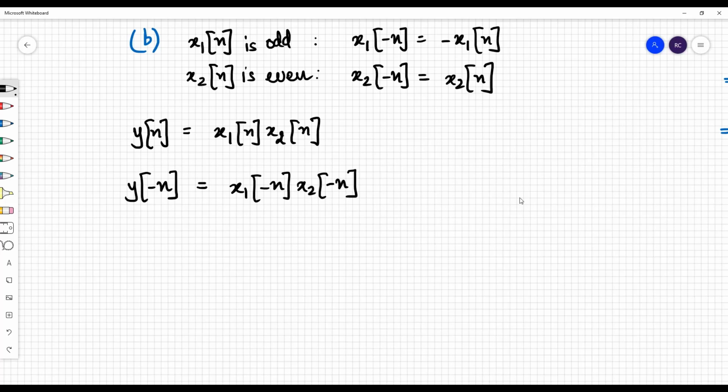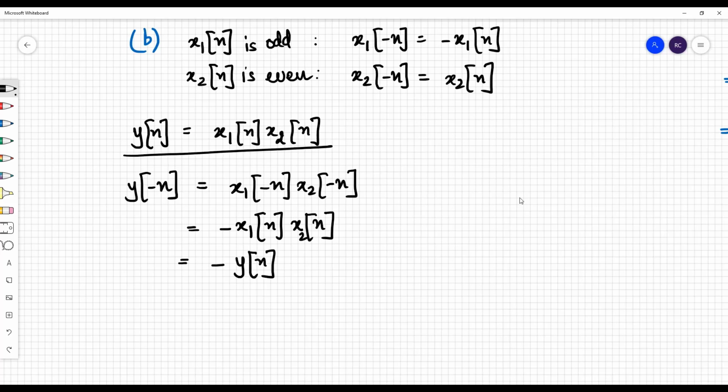Now, because x1 is odd, this is nothing but minus x1[n], and because x2 is even, this is nothing but x2[n], right? Which is nothing but minus of y[n], because this is what y[n] was, and there is just a negative sign here. So, hence proved.